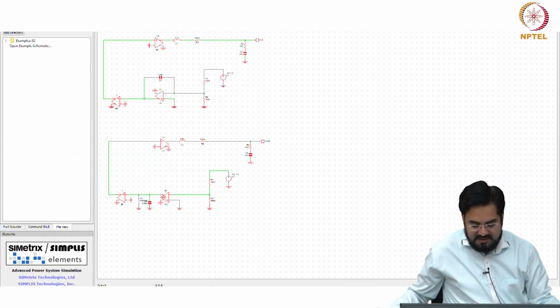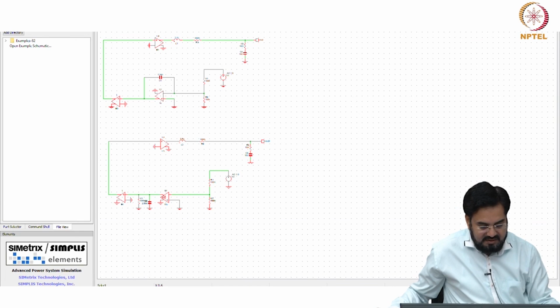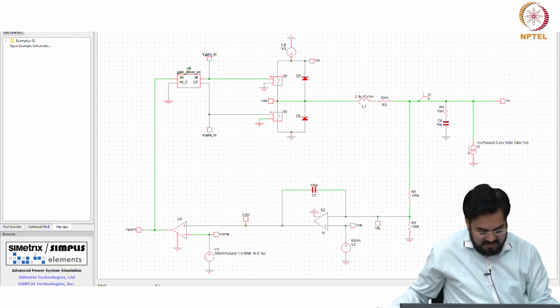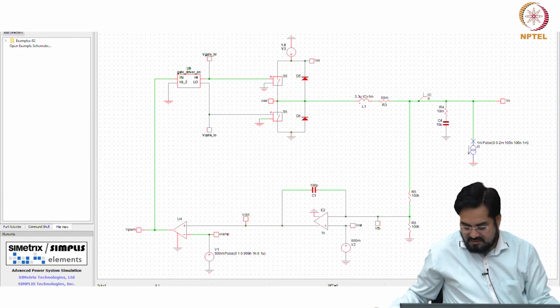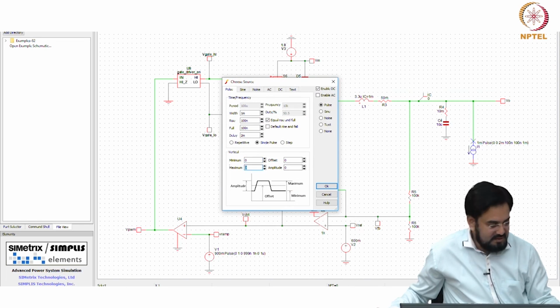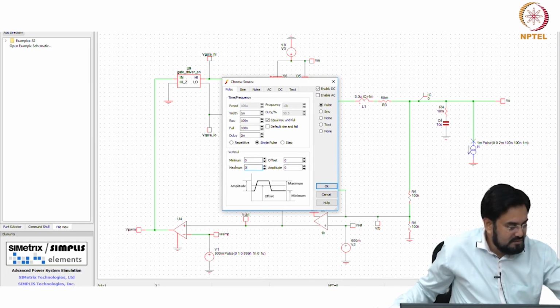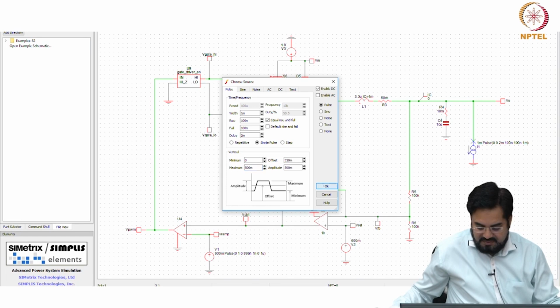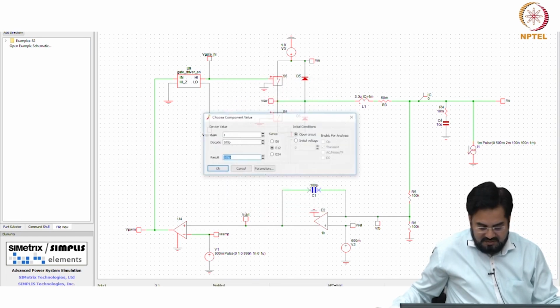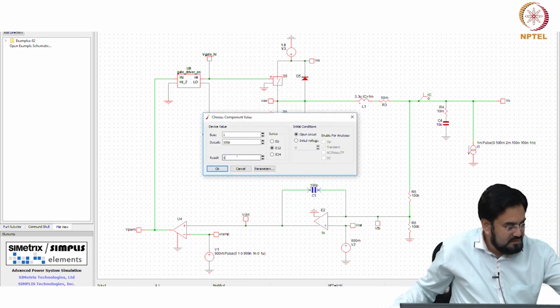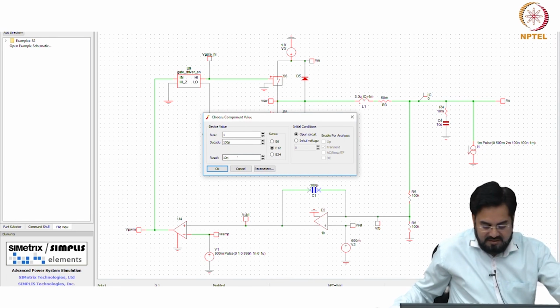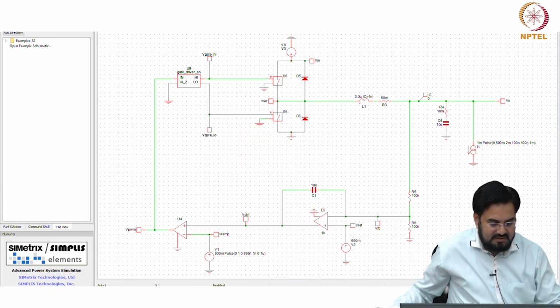And if you want to see, we can see the load transient also in this case. So let me make it half amp, and I will make the capacitor 10 nano roughly, which is more than what we calculated.